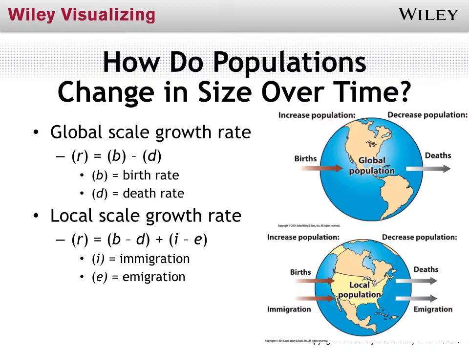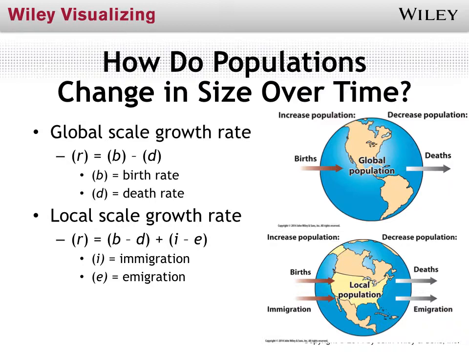So the local growth rate, though, is impacted by two other factors, and that would be immigration and emigration. So it's still defined as the birth rate minus the death rate, but then to that you add the number of immigrants, so individuals coming into a population, minus the number of emigrants, people that are leaving a population.